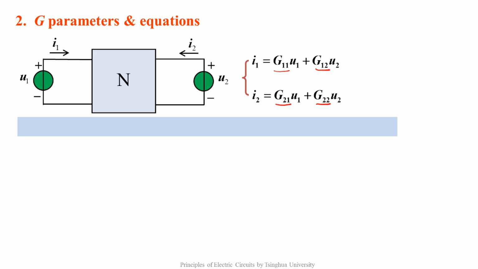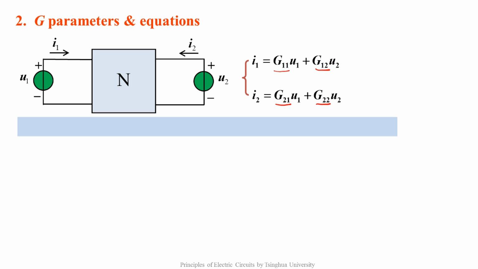If we know the internal structure of the network, we can find the relationships between the port's voltages and the currents by using the analysis methods discussed in previous lectures. Then get the coefficients. But if the internal structure of the two-port is unknown or very complicated, how to find the G parameter of the two-port?